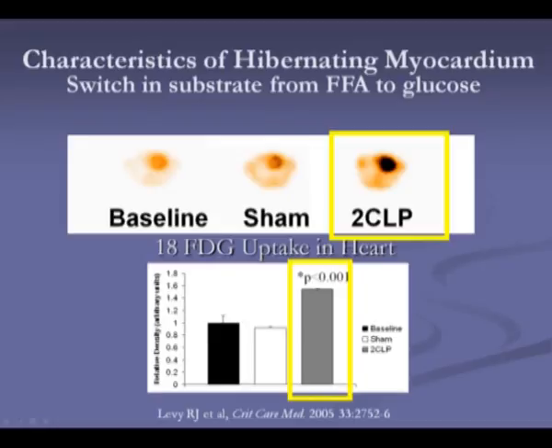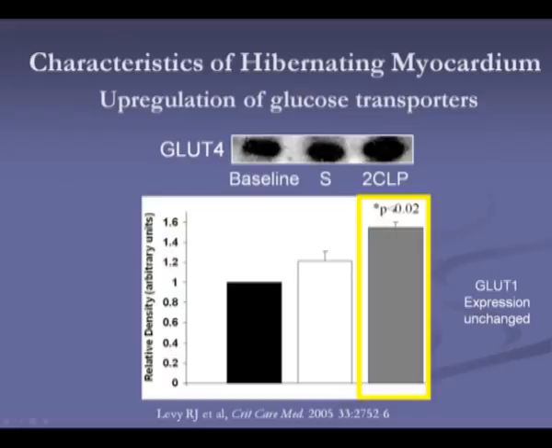This is using 18-fluorodeoxyglucose uptake in heart, and what you can see is that there's a great increase in glucose uptake and glucose utilization in the heart from the septic animal. Glucose transporters, here looking at the GLUT4 transporter. GLUT1 is the other transporter that works in myocardium.